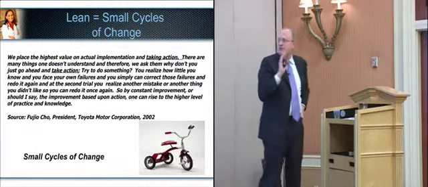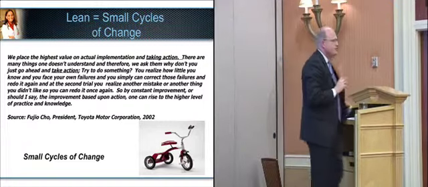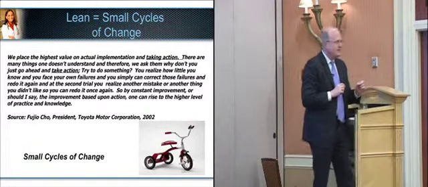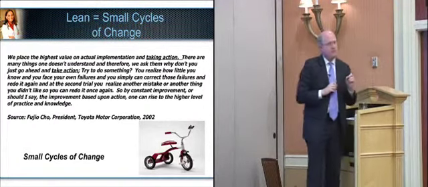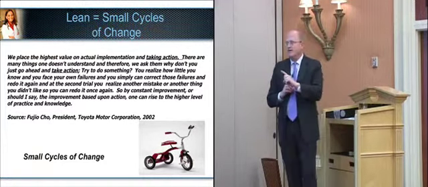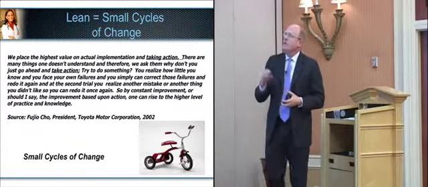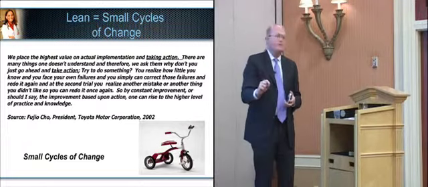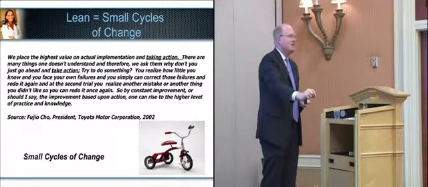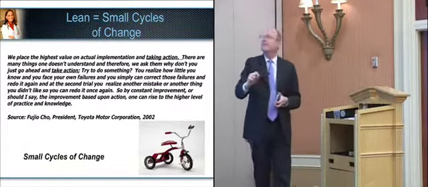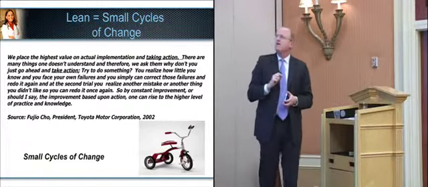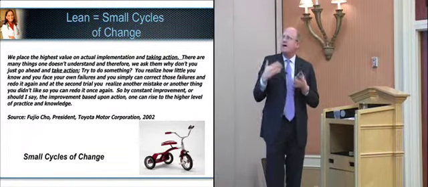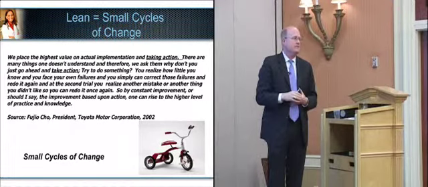Fujio Cho, who was the president of Toyota Motor Corporation in 2002, had this quote, which I think is helpful. Again, this one is not in your handout. We place the highest value on actual implementation and taking action. There are many things one doesn't understand, and therefore we ask them, why don't you just go ahead and take action?